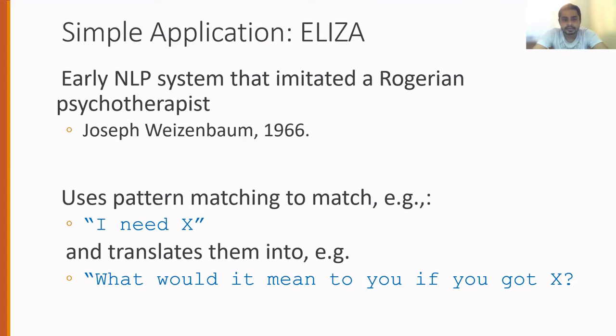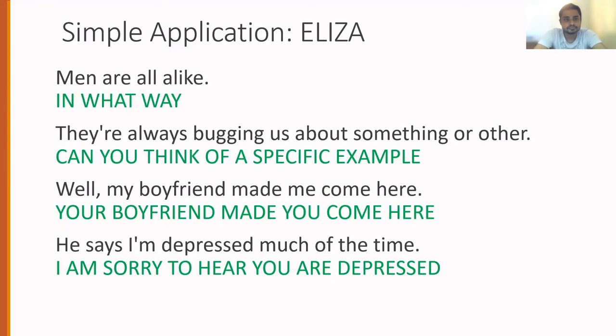This simple technique succeeds in this domain because Eliza doesn't actually need to know anything to mimic a Rogerian psychotherapist. This is one of the few dialogue genres where listeners can act as if they know nothing of the world. Here's a fragment from a sample conversation with Eliza in 1966.